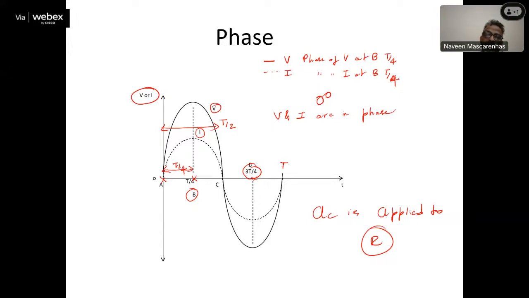Student A is leading student B by a time of, let's say, 2 seconds or by a distance of 1 meter. One leading by 1 meter means the other is lagging by the same amount. So here also, when it is out of phase, if somebody is leading, the other one is lagging by the same amount. You can describe that either in terms of time or in terms of angular distance.